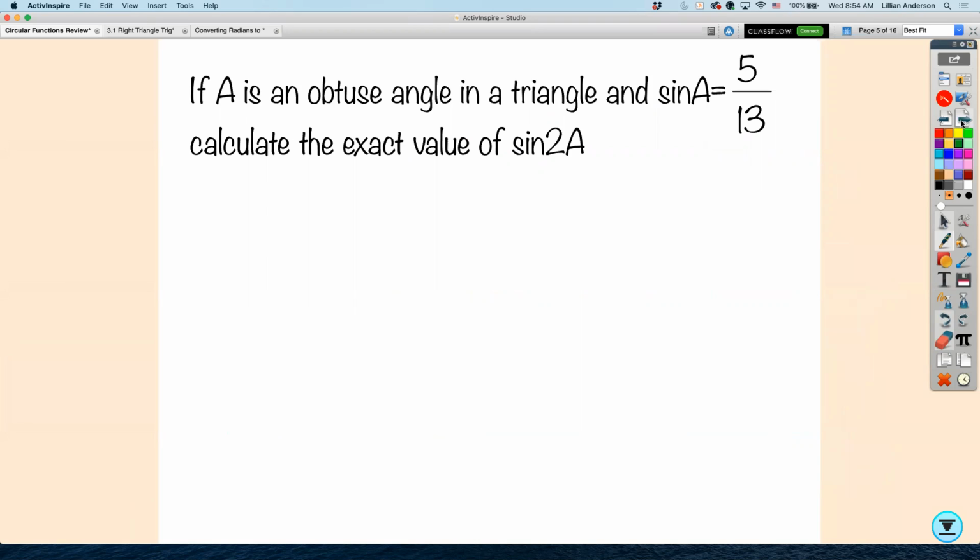Well, we know that sine 2A is that double angle identity. What's that double angle identity?